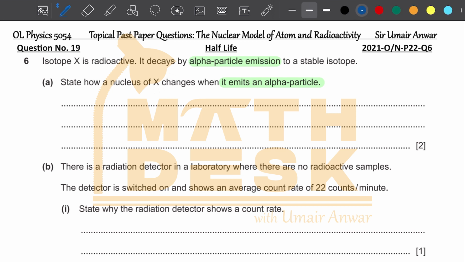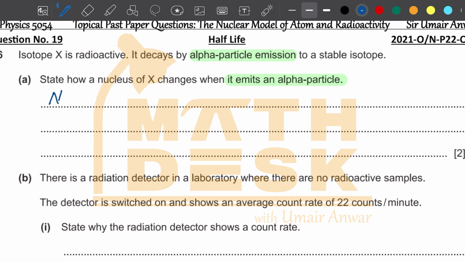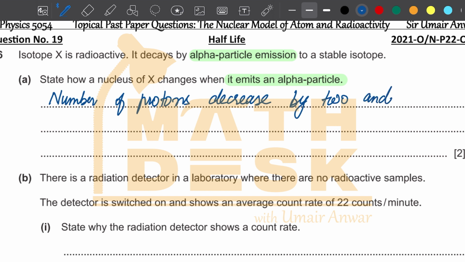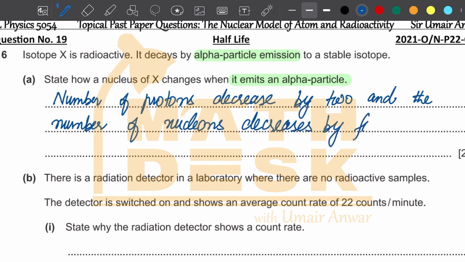When a radioactive substance emits alpha particles, we know that the number of protons decreases by 2 and the number of nucleons decreases by 4.